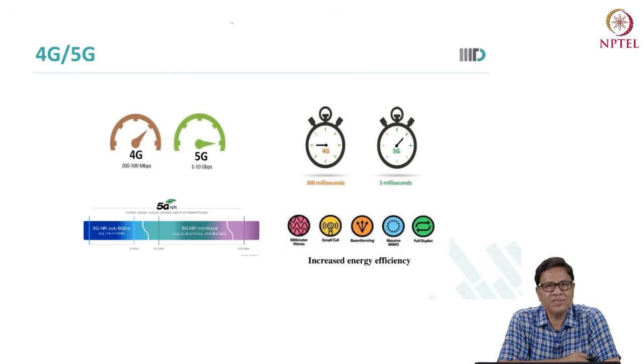The spectrum used for 5G new radio is sub-gigahertz, which is 3.4 to 3.6 gigahertz, and also millimeter wave, which is in excess of 20 gigahertz. By using millimeter waves, small cells, beamforming, massive MIMO and full duplex, we will be able to increase the energy efficiency of the system.